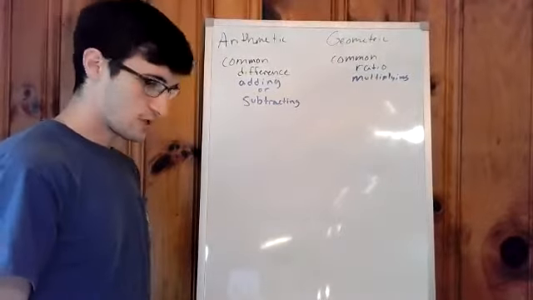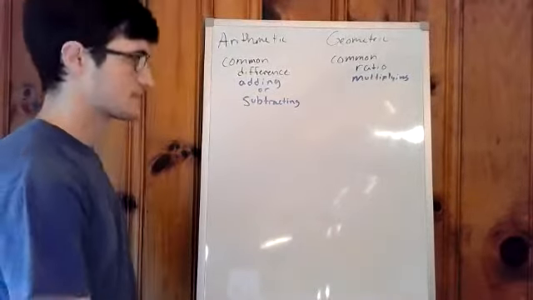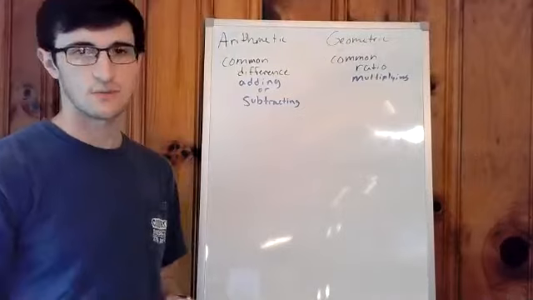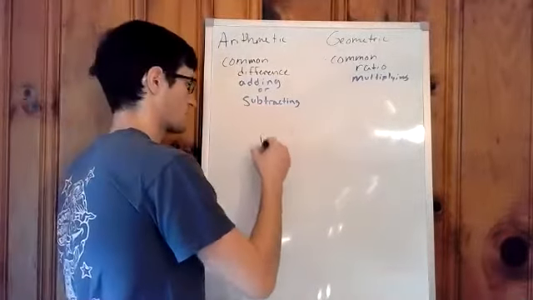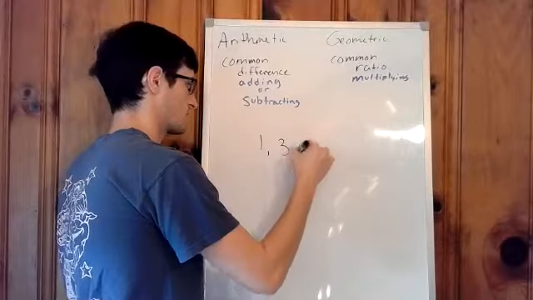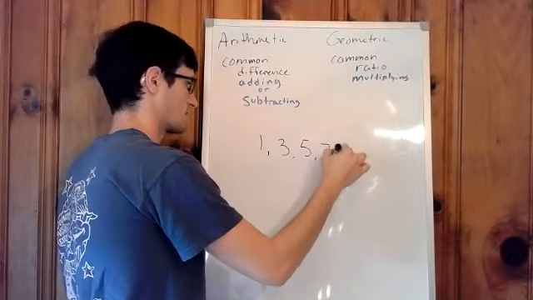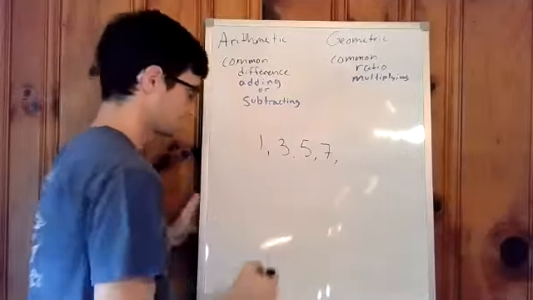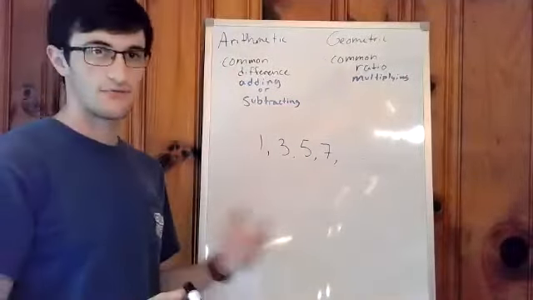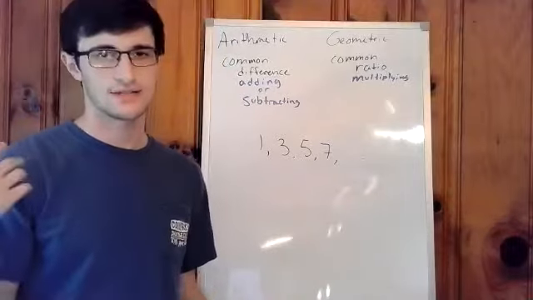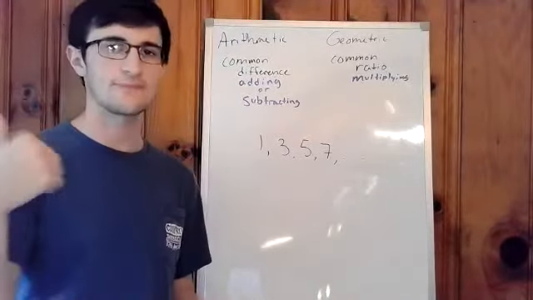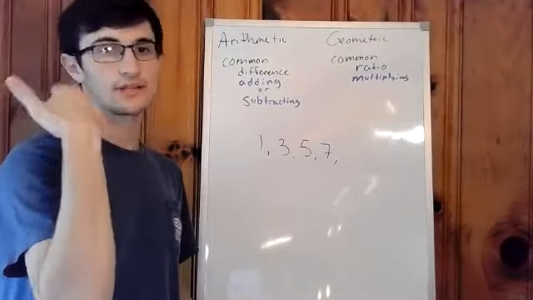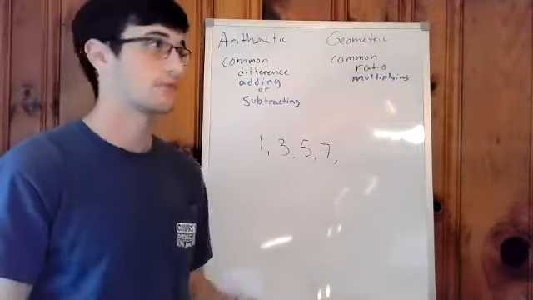So these are both talking about sequences and series, and what that is a list of numbers. Okay, so if I have the numbers 1, 3, 5, 7, okay, so I have 4 numbers, and let's just say I'm trying to figure out the 35th number or something like that, but I don't want to keep adding them, or I don't want to keep multiplying them by the common ratio.